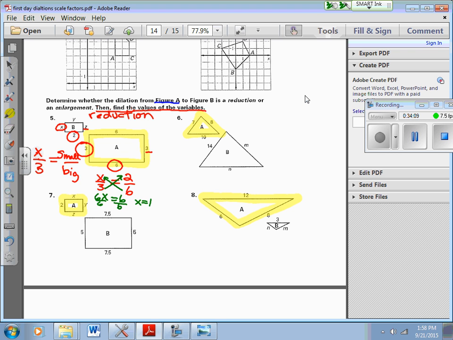No. Tell me, what do you know about rectangles? There's 2 sets of equal sides, and they're always opposites of each other, right? If x is opposite z, does everybody agree with that? Therefore, x is equal to z, isn't it?